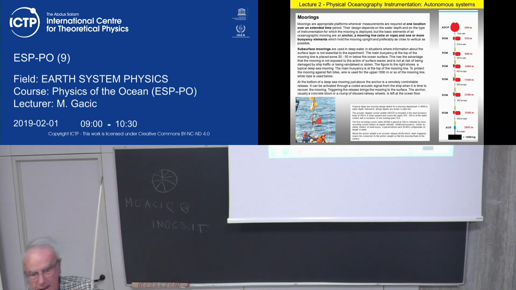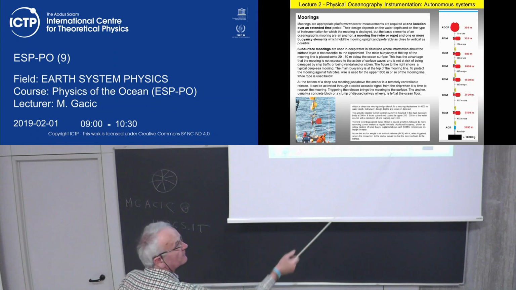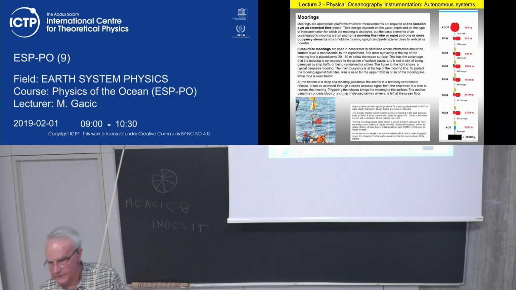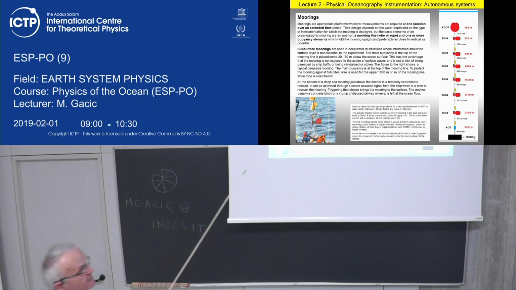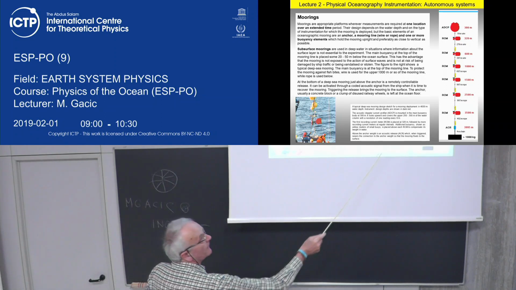The thing is that this does not necessarily stay vertical, because it depends on currents. It can be sloped, it can be inclined, and so you're not sure whether this is 2.5 kilometers depth, or it's less, or it's more.